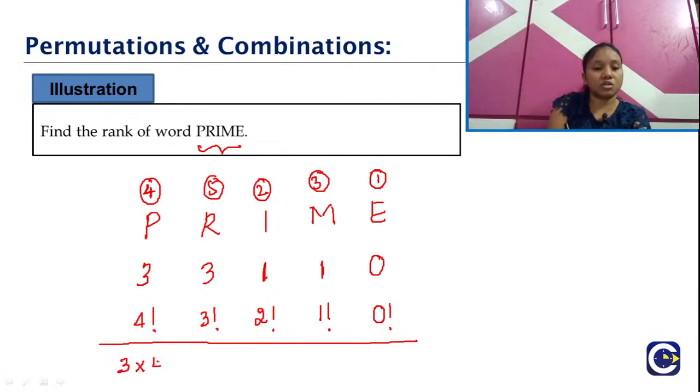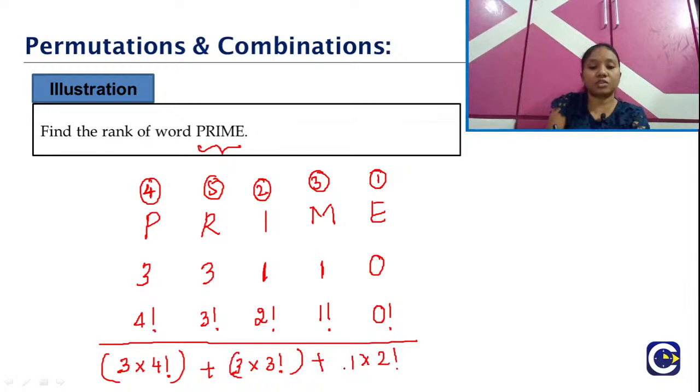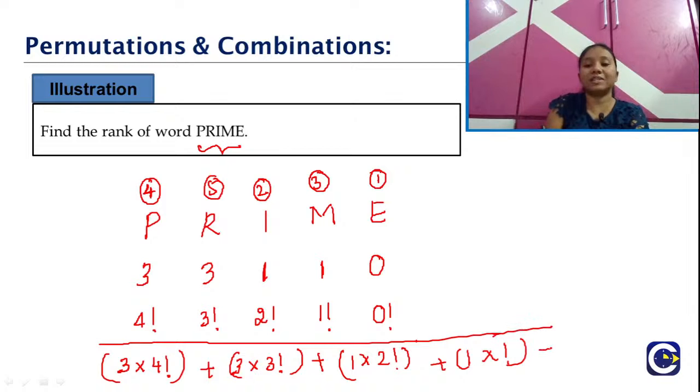So 3 into 4 factorial, plus 3 into 3 factorial, plus 1 into 2 factorial, and then 1 into 1 factorial, and the next one will be 0 into, so it will automatically become 0 here.